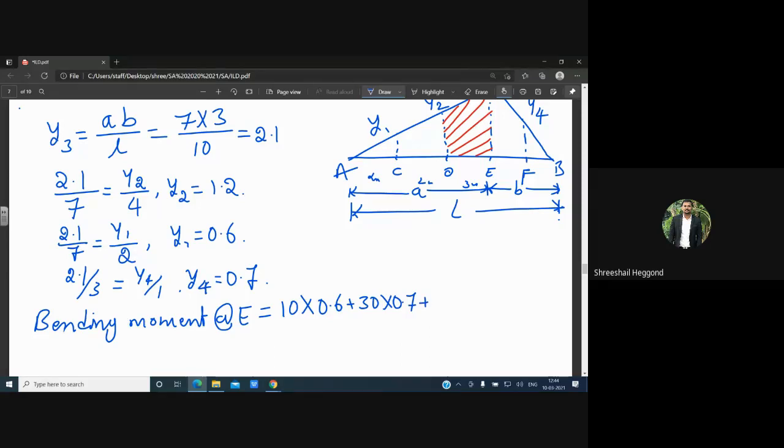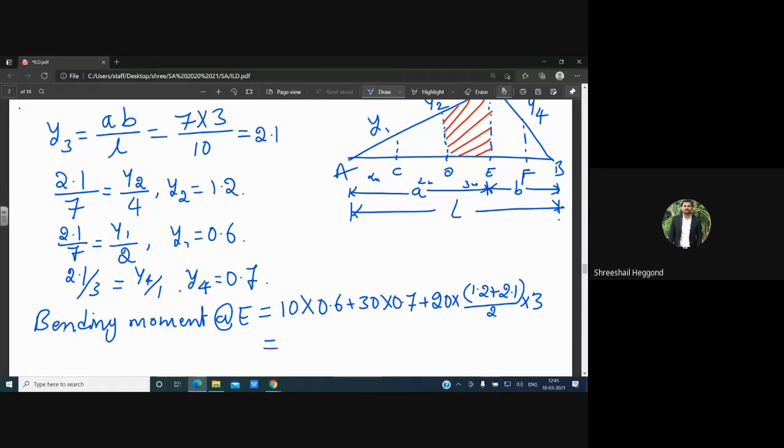Plus, in between, the area between Y2 and Y3 we need to consider. That can be calculated as the 20 kN load applied, 20 into Y2 which is 1.2 plus Y3 which is 2.1, half of these two into the distance of 3 meter.